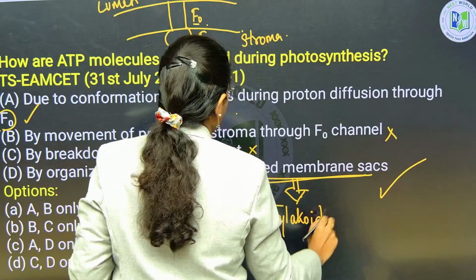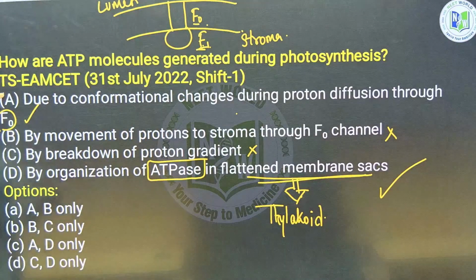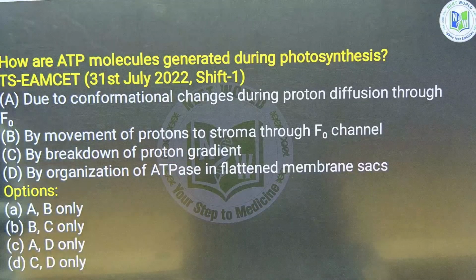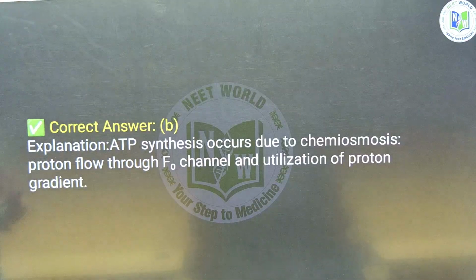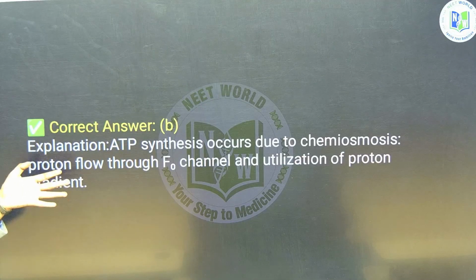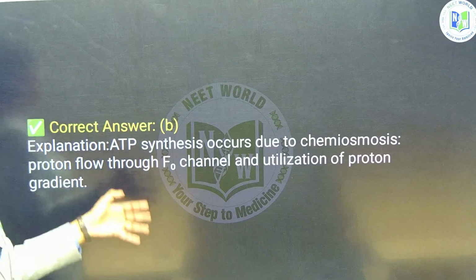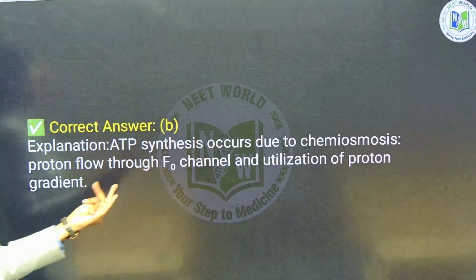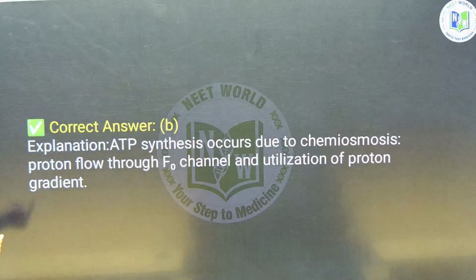So, here the right answer will be A and D, which is option C. Clear, right? Fine. ATP synthesis occurs due to chemiosmosis. Recall the prerequisites for chemiosmosis: membrane, F0 F1 pump, proton gradient and a proton pump.